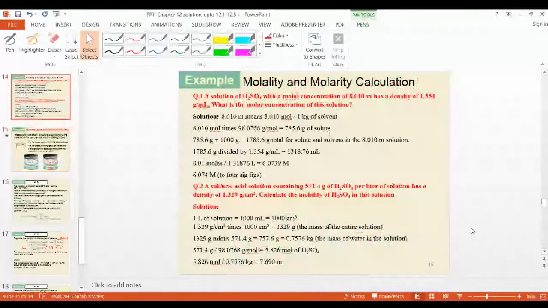Yes. Okay, so I put both question solutions here, right? Did you see this molality and molarity calculation? Yes. Okay, so just practice these two questions. I think this is more than enough to calculate change to molarity and molality to molarity. Okay, I will put this on the blackboard.